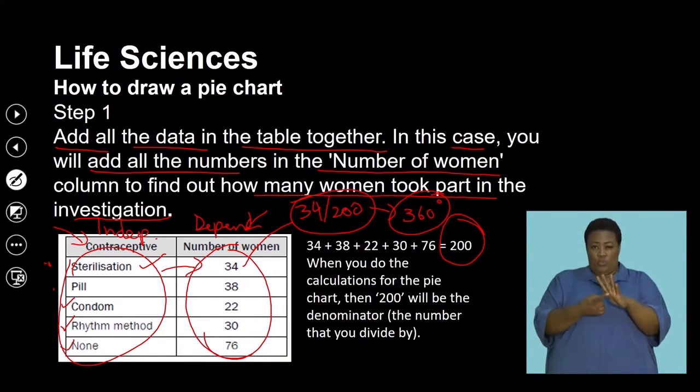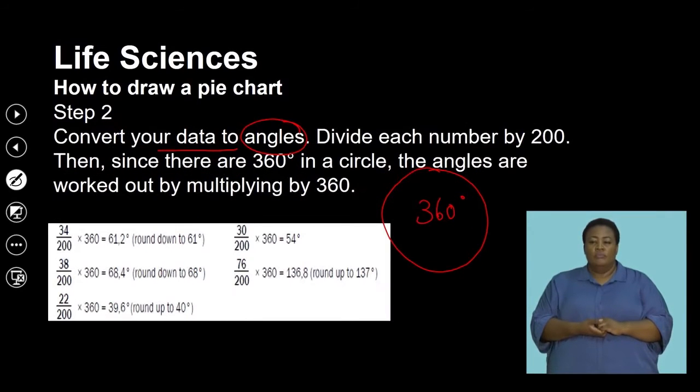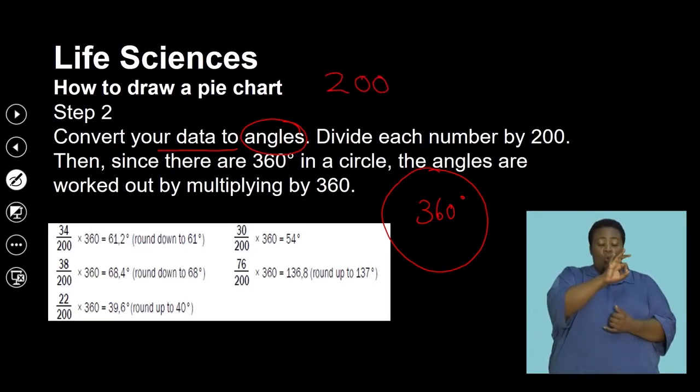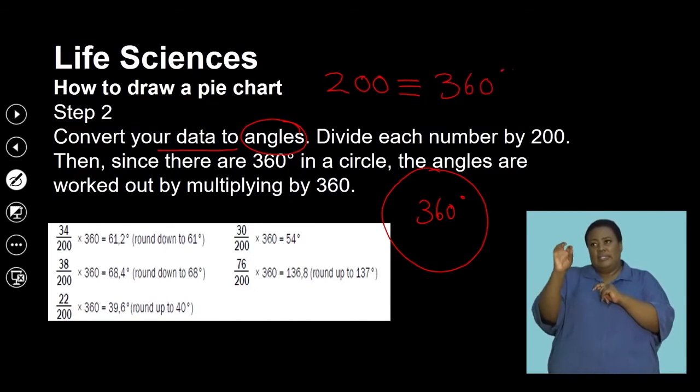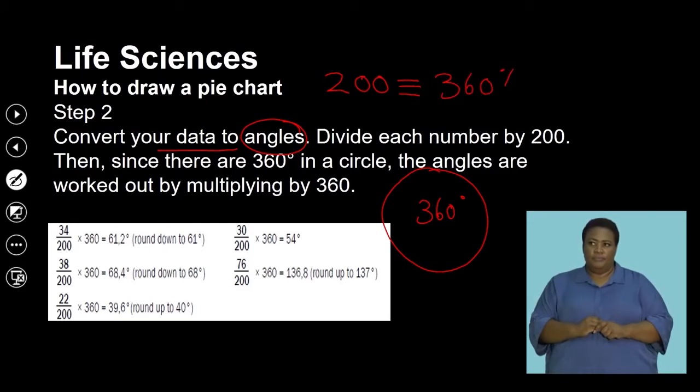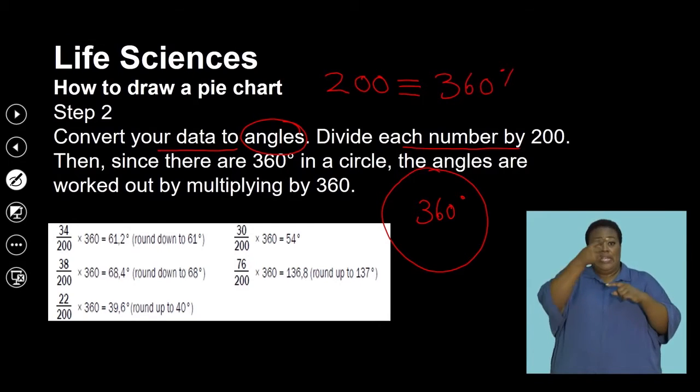So let's go back to that. As I mentioned, you've got to convert your data to angles. Essentially in this case, the 200 needs to be converted to 360 degrees. And so you're going to divide each number by 200.